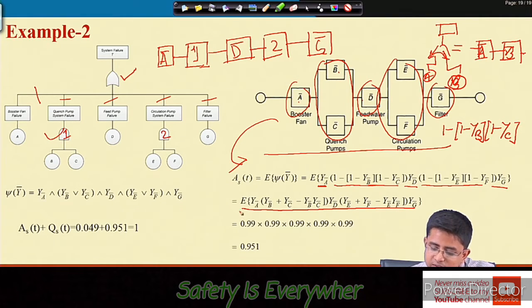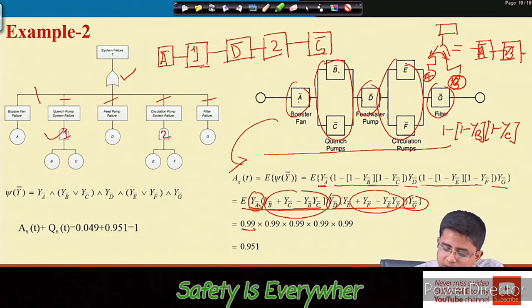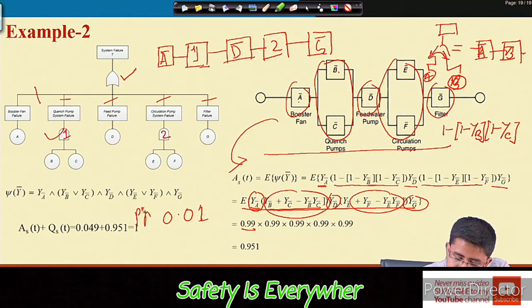All the events are independent in nature, so we can put in the values given in the question, where y a bar is the probability of A bar. The probability of A is given as 0.01.